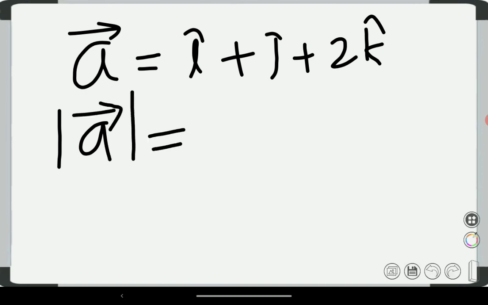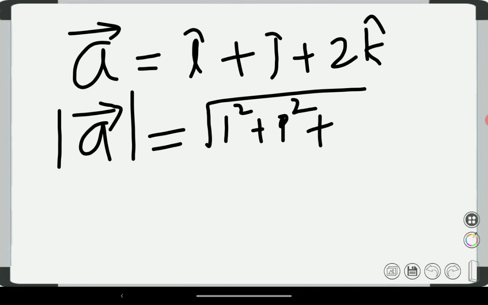What is the modulus of this vector? First write the modulus. The modulus of this vector is root of 1 square plus 1 square plus 2 square. That is 1 plus 1, 2, plus 4 equal to 6, root of 6. To get the unit vector along any vector, what do we have to do? Find the modulus and divide by the modulus.